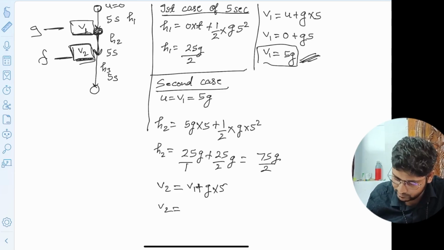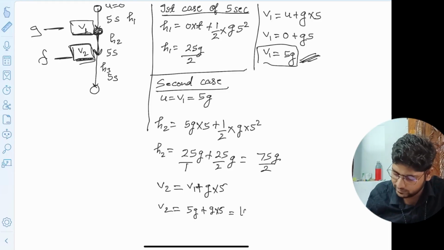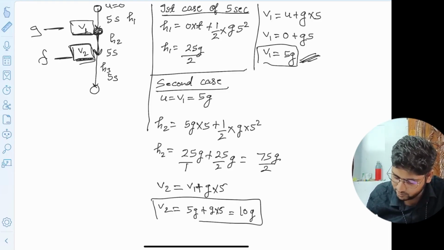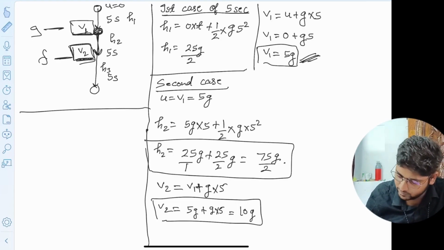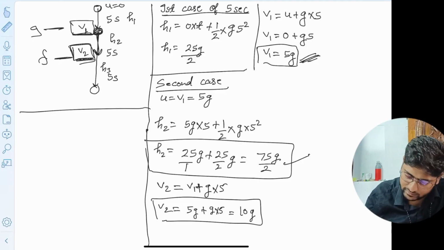So v2 will be v1, 5g, plus g into 5, which means 10g. We got v2 also. And this is our h2, and this is our h1.